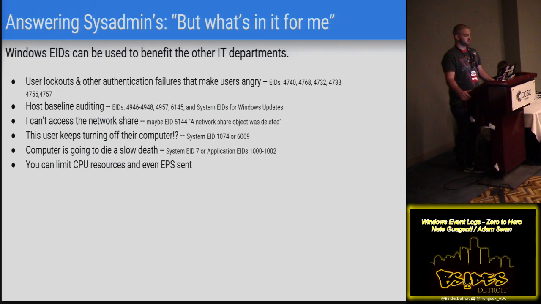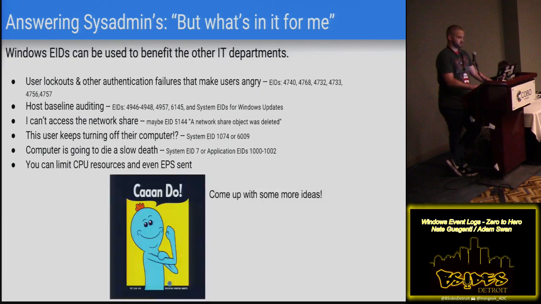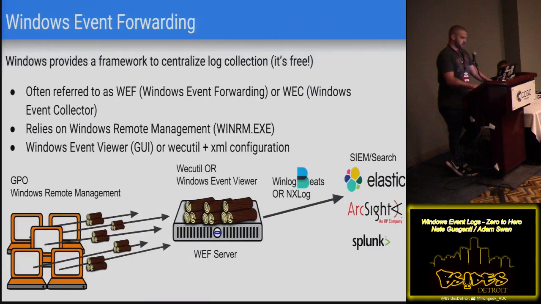They're probably having issues, so you want to give them a call. The computer's going to die, basically, it's throwing errors. If they're like, well, what about the resources this is going to take up on my network? You can limit the CPU and even the events per second that are sent, and then, again, come up with some of your own ideas.